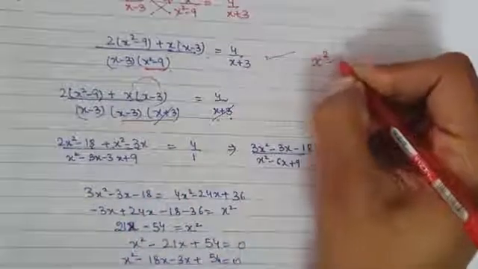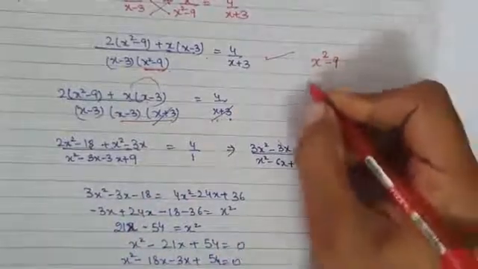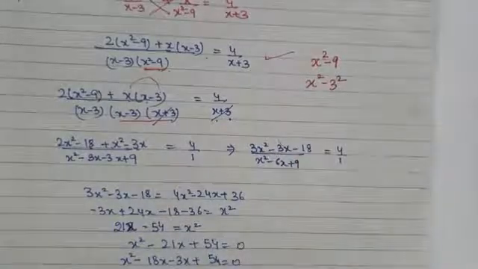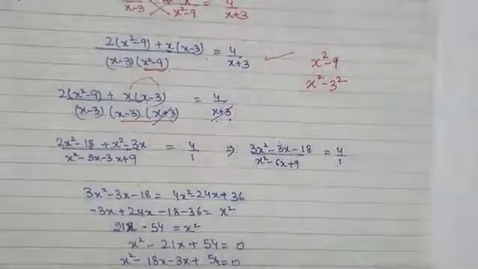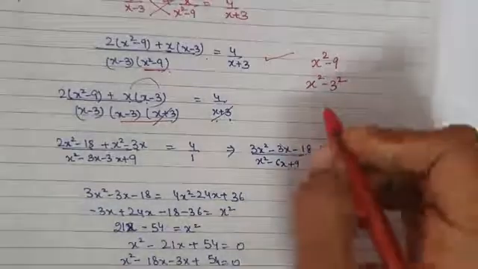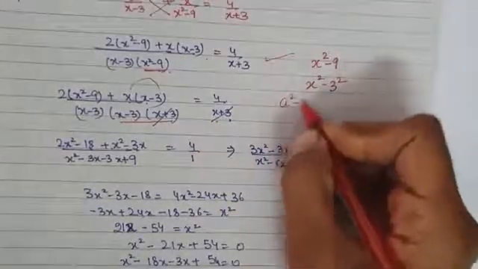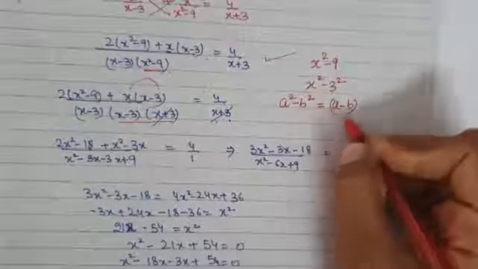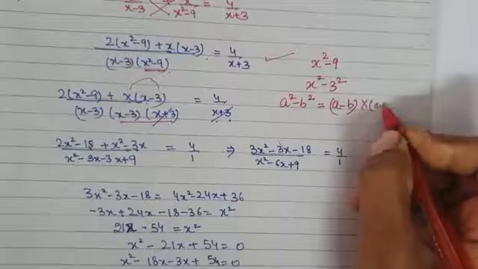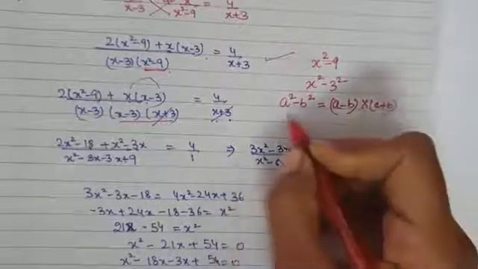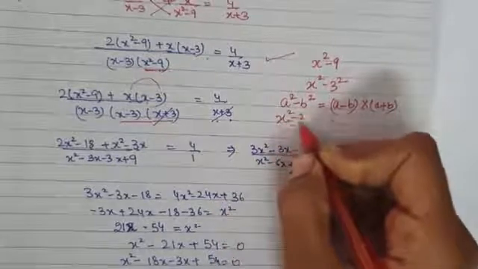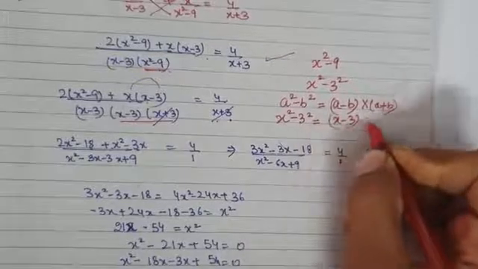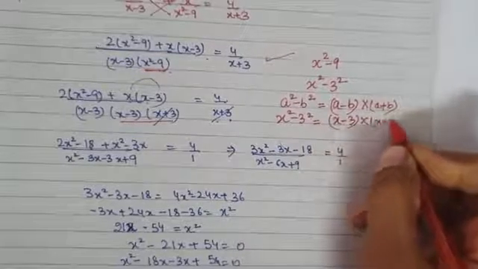X square minus 9. Now 9 can be written as 3 square. We have already done this formula in our previous lesson: a square minus b square is equals to a minus b into a plus b. So x square minus 3 square will form x minus 3 into x plus 3.